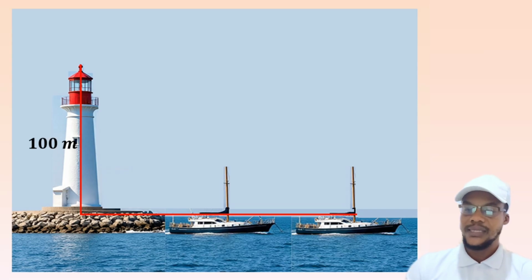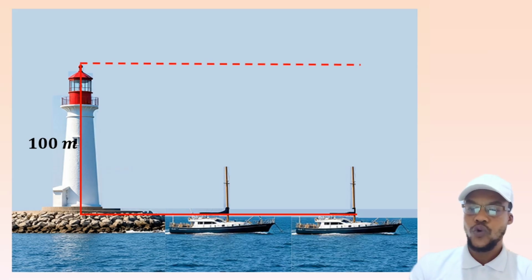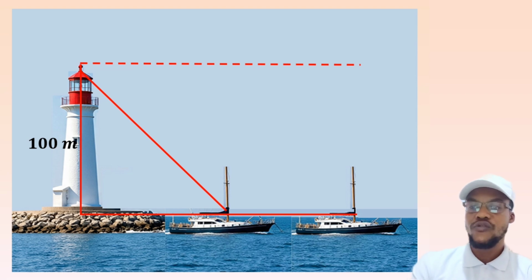100 meters. Now, as I said, if someone stands on top of the tower, the person looks straight like this. It focuses straight. The moment the person bends the eyes down to look at the first fishing vessel, it will be in this form. Then there will be an angle formed. The moment the eye moves from wherever it was initially, there will be an angle formed there. And that angle was given as what? 48 degrees.